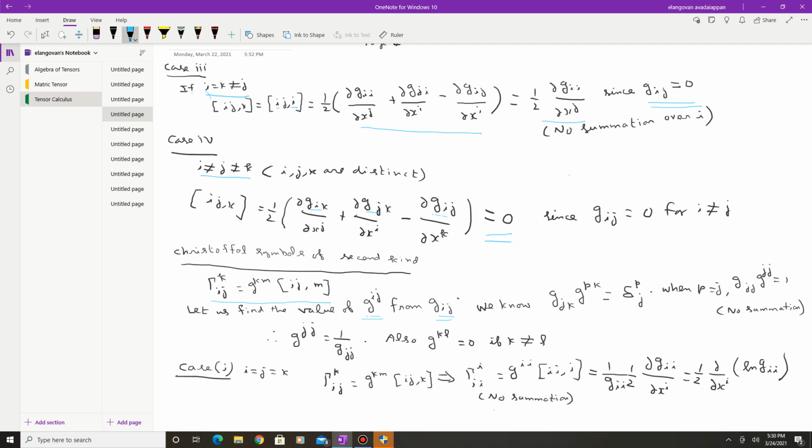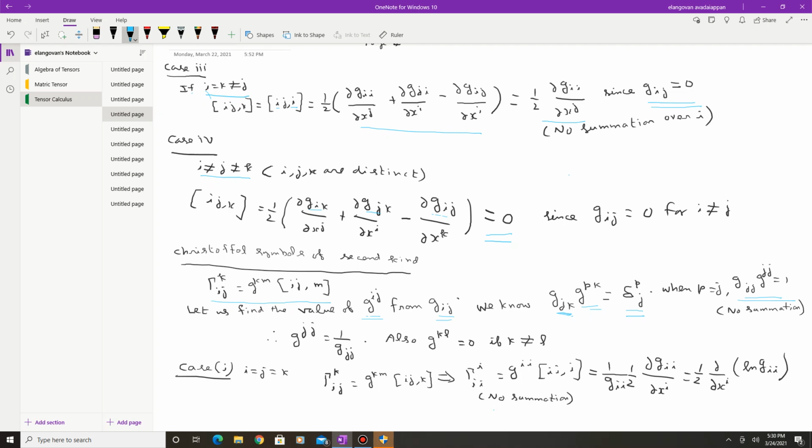So we have this property: g_jk is the covariant metric tensor, and g^pk is the contravariant tensor. If you take the product, you get the delta p j. When p and j are equal, then g^jj g_jj is equal to 1.